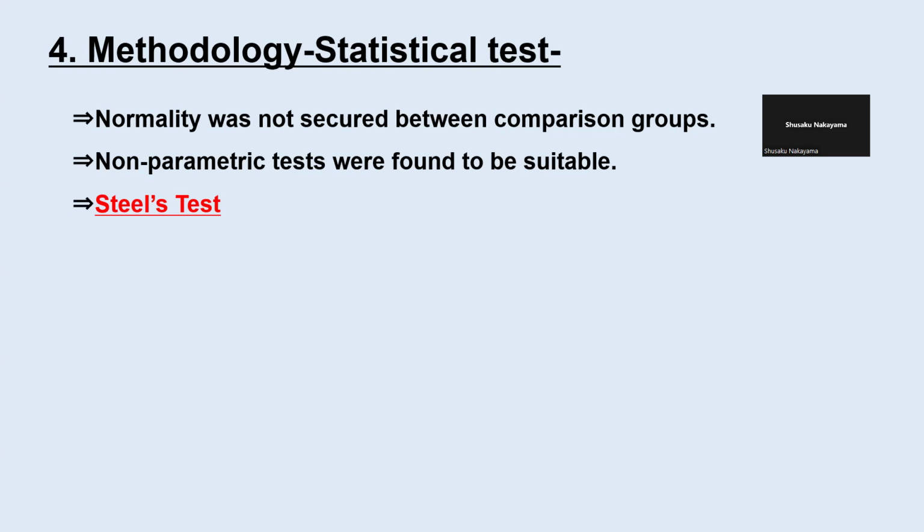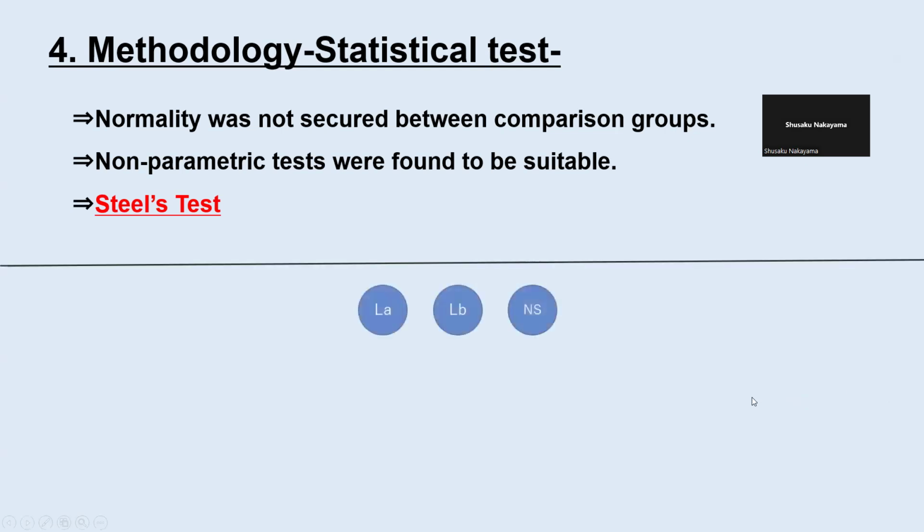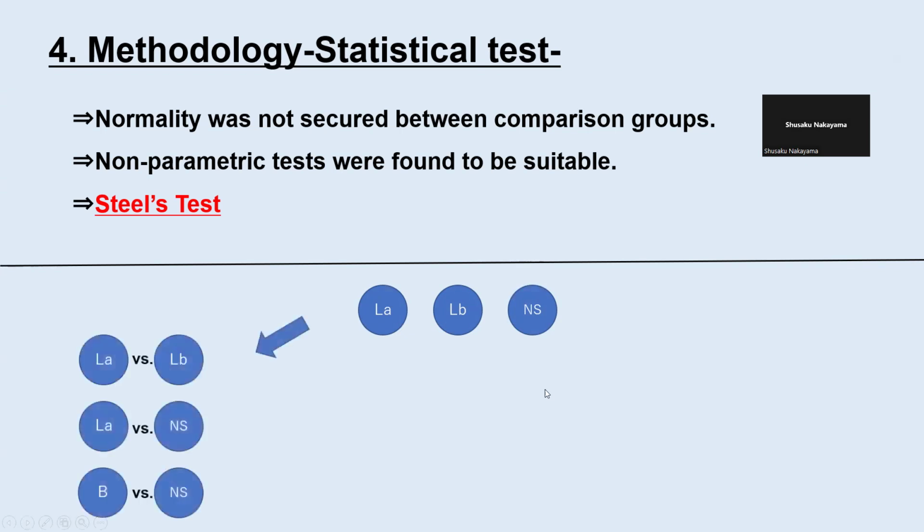Then please look at the bottom of the slide. Let's say we have three groups under analysis, two learner groups and one native speaker group. In this case, there are three patterns of comparisons theoretically. However, in CIA, interlanguages are evaluated against a reference point, in this study, native speakers and the proficient learners.